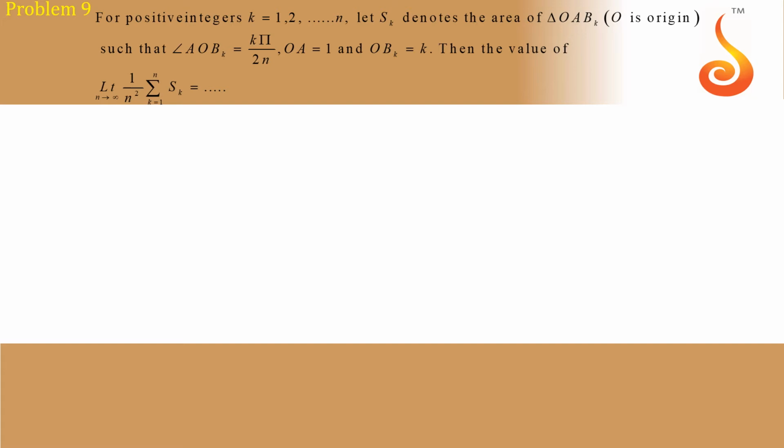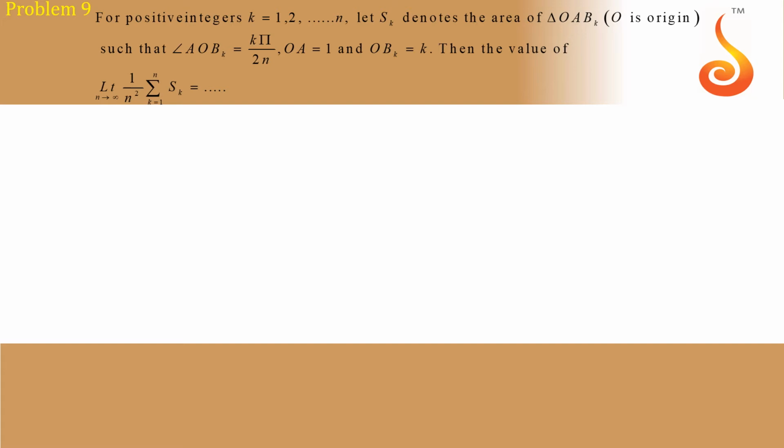For positive integers k equal to 1, 2, 3, up to n, let S_k denote the area of triangle OAB_k, where O is the origin, such that angle AOB_k is k pi by 2n, OA equals 1, and OB_k equals k.